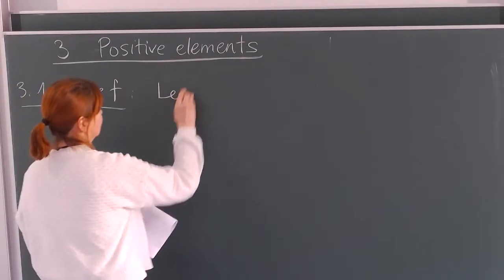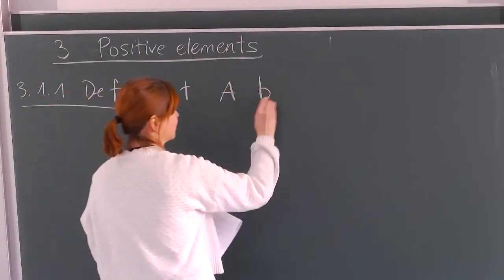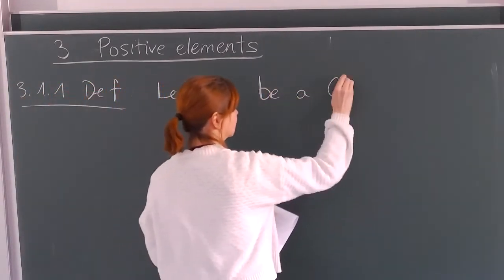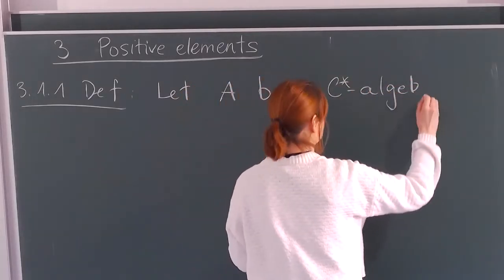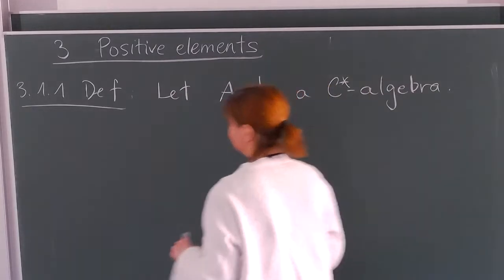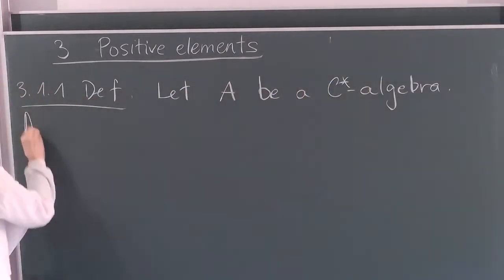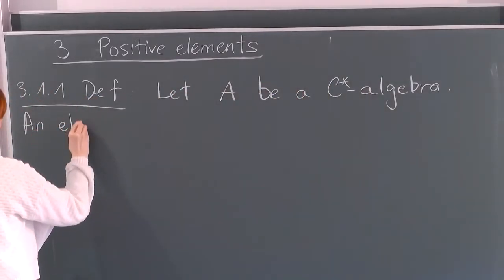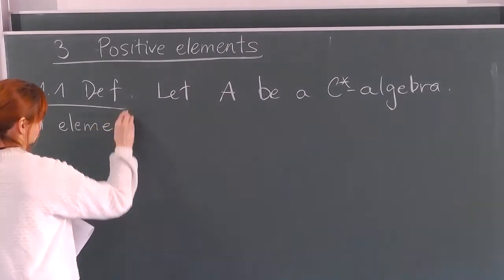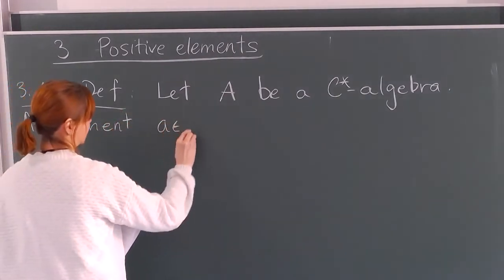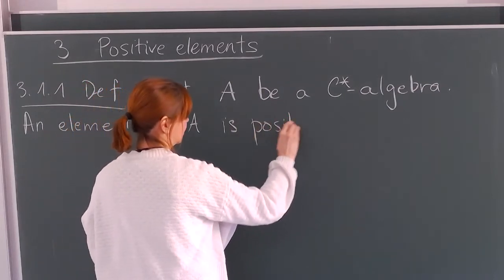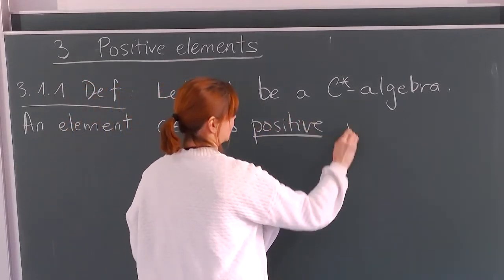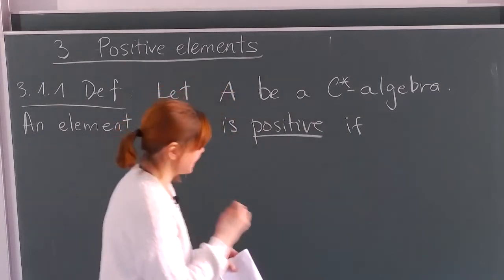So have ourselves a C-star algebra A, and we say that an element A is positive if it's self-adjoint.